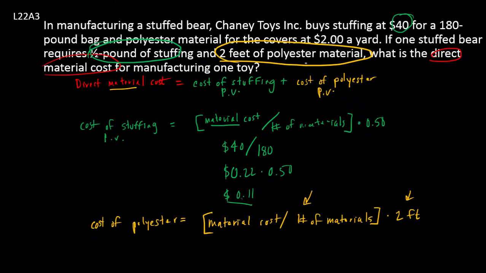So remember here, we're buying at a material cost of $2 per yard. Now, since this is in feet, I need to convert my yards into feet as well. We can't multiply yards and feet together. So remember that 1 yard equals 3 feet. So it's $2 per 3 feet.